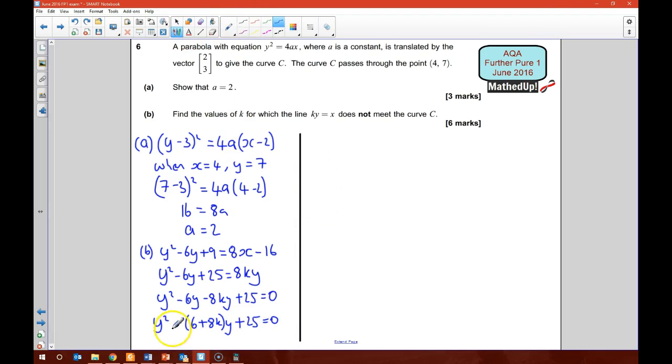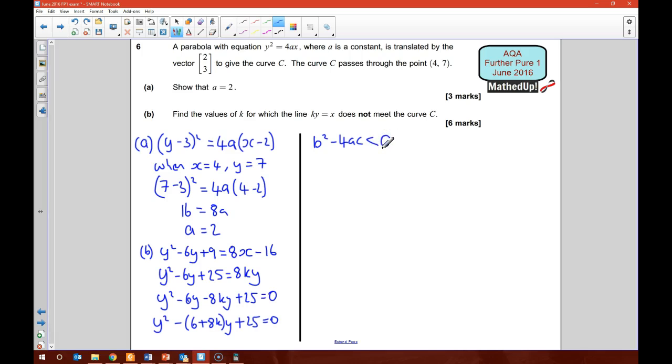Okay, so now in order for this to not meet the curve C, I don't want there to be any real solution to this equation. So I'm looking for my discriminant, b squared take away 4ac, to be less than 0.